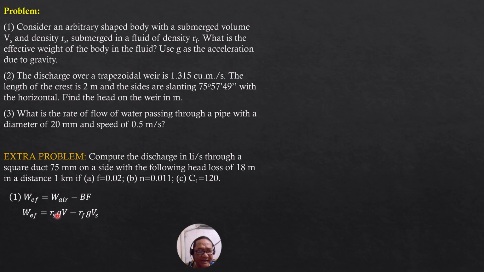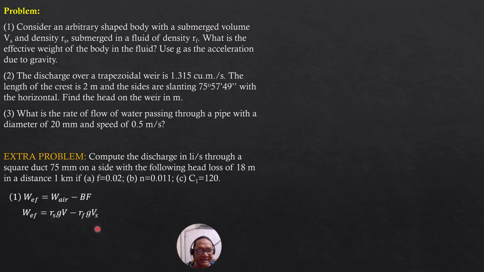The volume displaced, or total volume of the body, is denoted by V, and the specific weight of fluid is R sub F times G, and the volume submerged or volume displaced is V sub S.